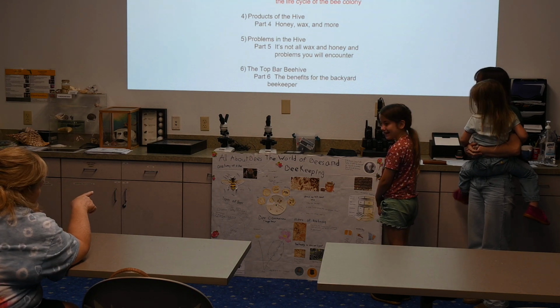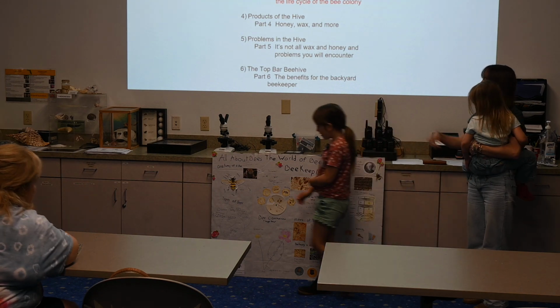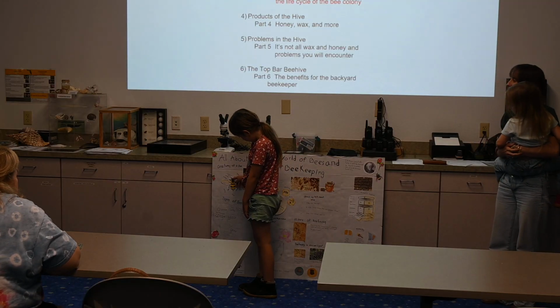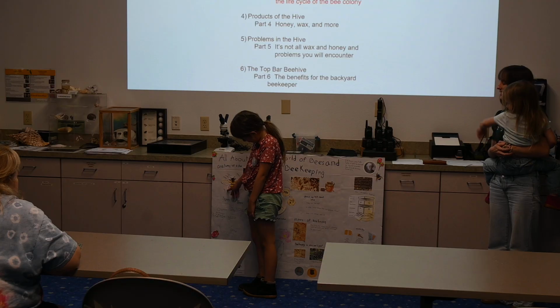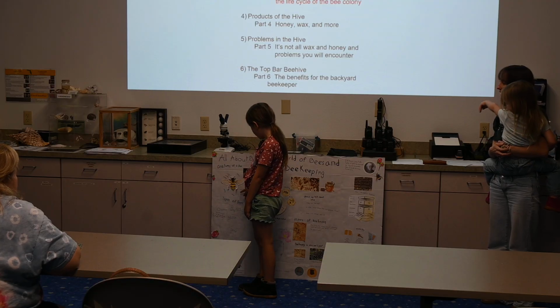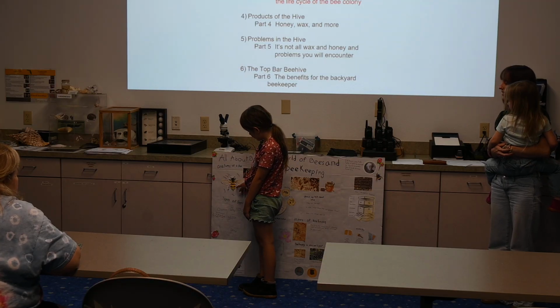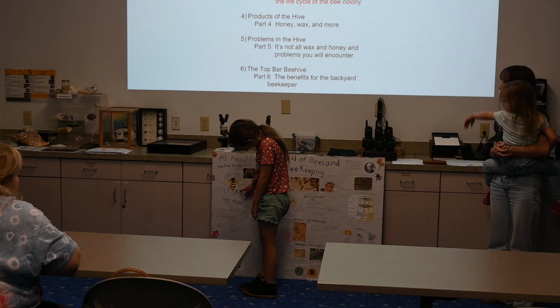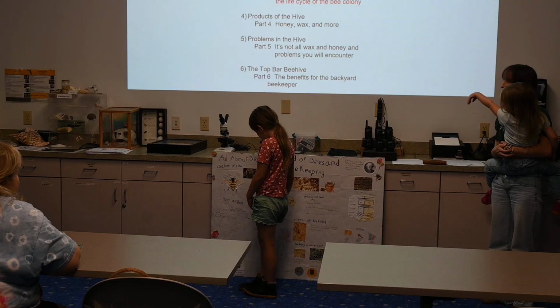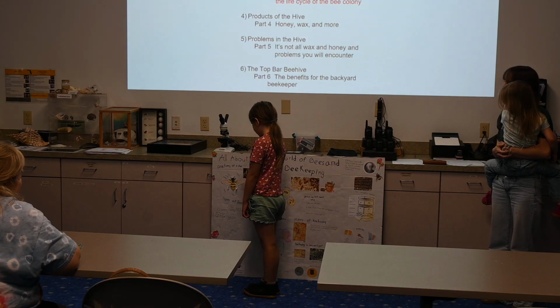So what are these, the parts of a bee over here? Oh, I wrote, this one is the compound eye, the front leg, this is the middle leg, the back leg, the stinger, these are called the pollen baskets, or the corbicula, and then the wing and the antenna.